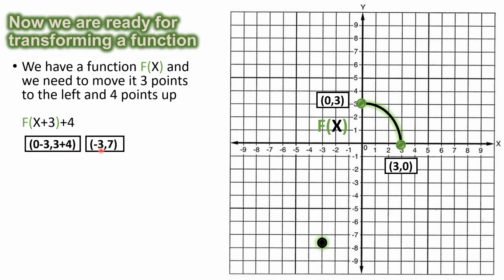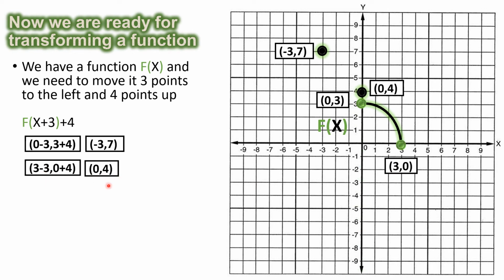So the new point will be negative 3 and 7 here. The second point, 3 and 0. We subtract 3 from x and add 4 to the 0. It will be 0 and 4 here. If we move this function upward 4 points and to the left 3 points.